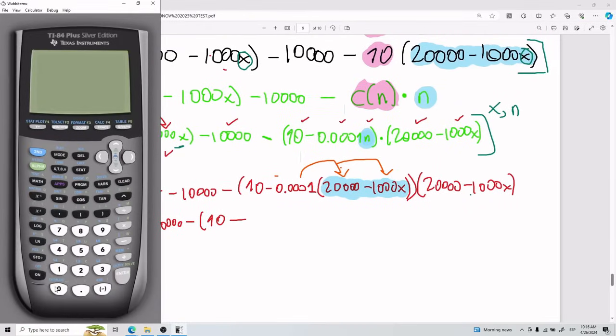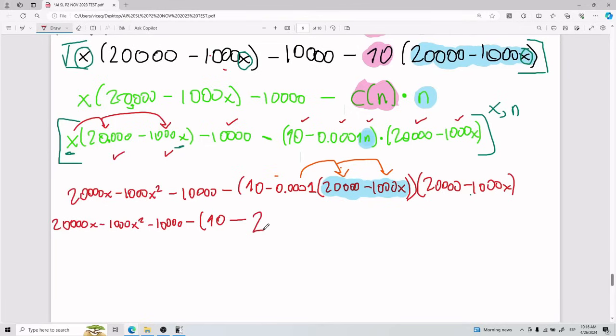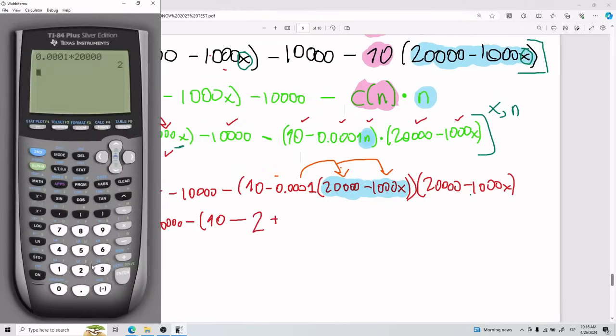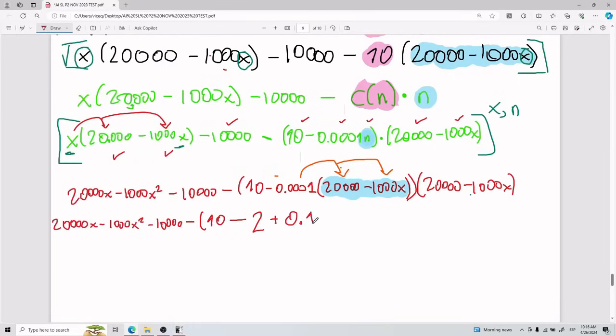Here I have 0.0001 times the 20,000. It literally gives me 2. So here I have minus 2, and then it's negative times negative, so it's plus 1,000 times the 0.0001, which is 0.1. So here I end up with 10 minus 2 plus 0.1x. Close parentheses.